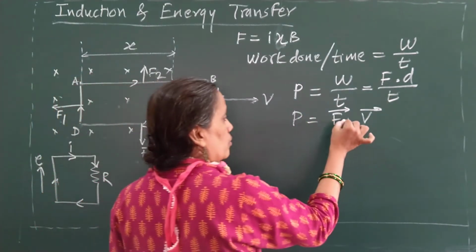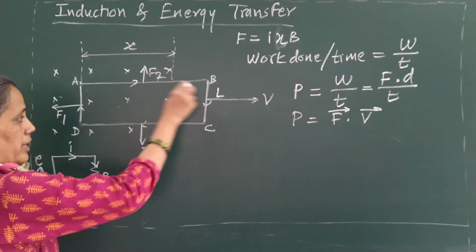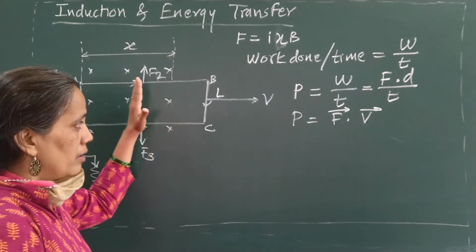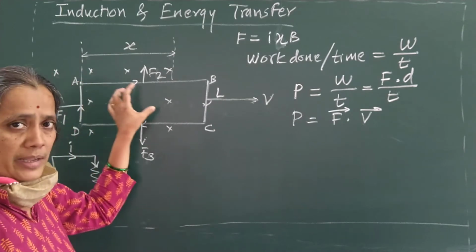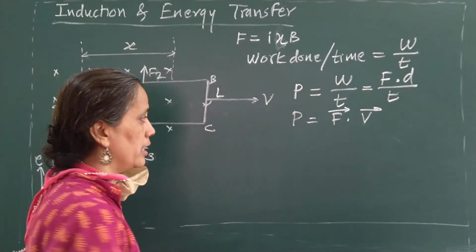Now this value we are going to substitute. I have already said that when I start moving the coil with velocity v towards the right, the area inside the magnetic field will go on reducing.